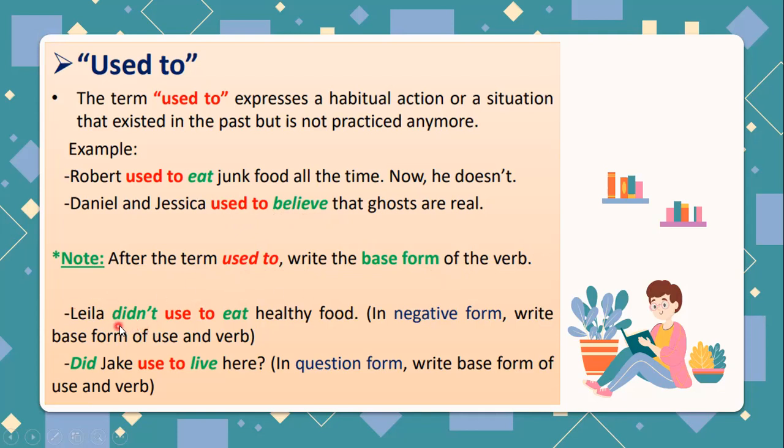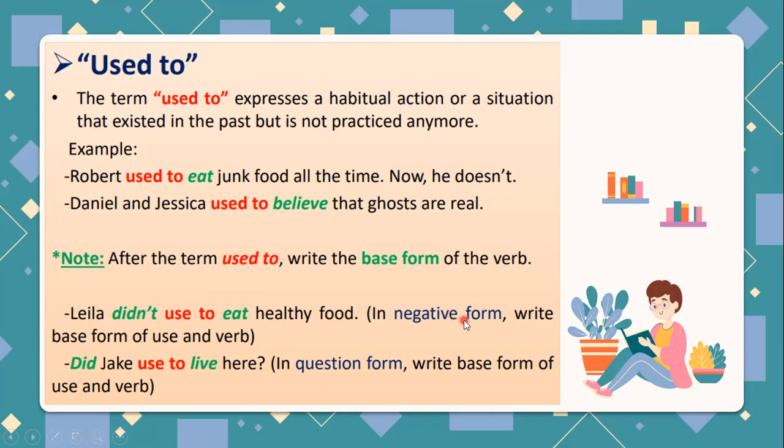Layla, for example, in the negative form, didn't use to eat healthy food. Now, when we're changing from the affirmative sentence to the negative sentence, I just need to add didn't. So did and not. And I keep use to, not used also, didn't use to eat.